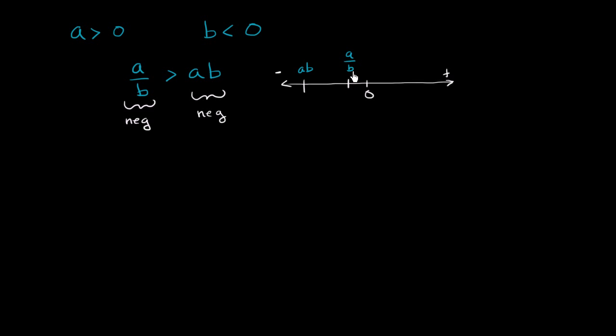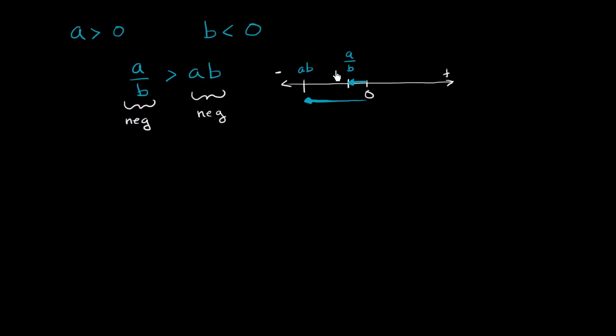Or another way of thinking about it, it has a smaller absolute value. Its distance from 0, its distance to the left of 0, is less than a times b's distance to the left of 0. Because they're both negative, the one with the smaller distance to the left of 0 is less negative and is therefore a greater number.